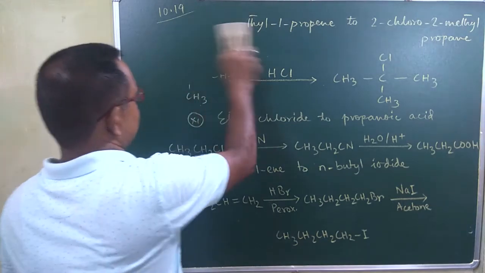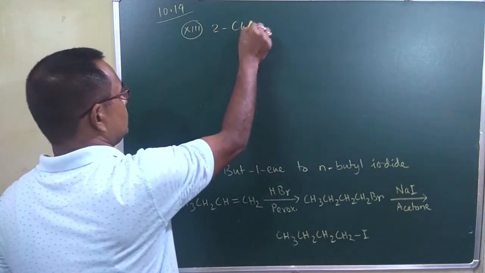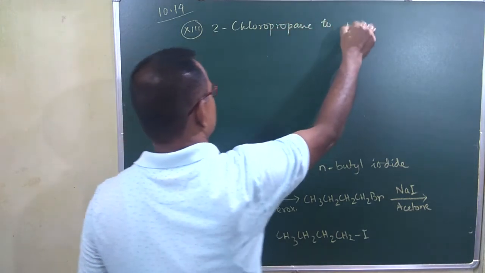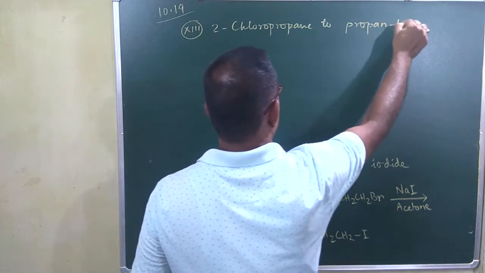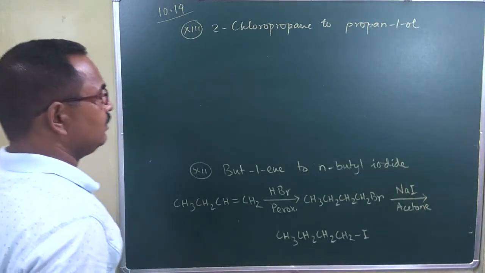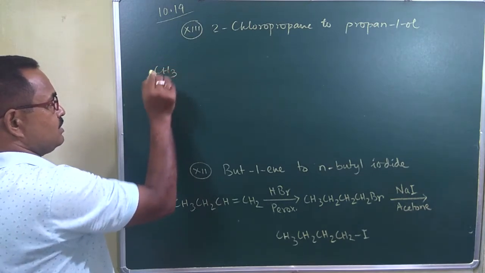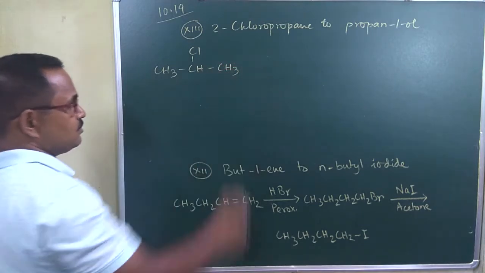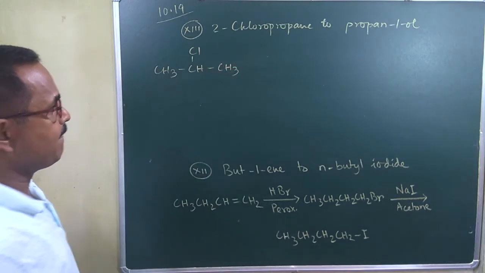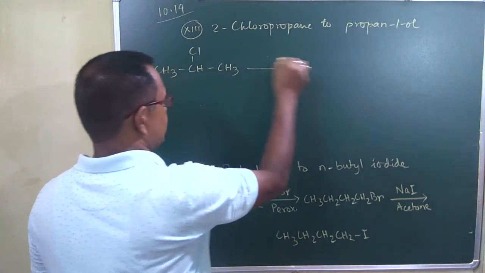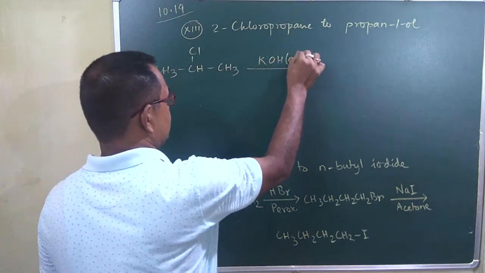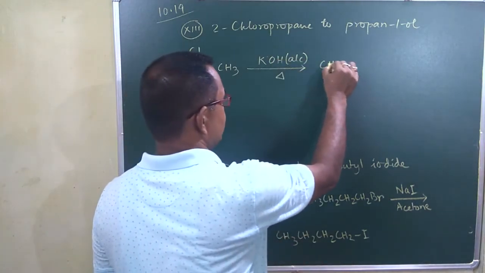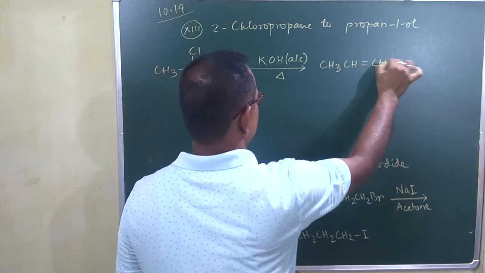Then come to the next. 2-chloropropane to propan-1-ol. See, CH3CHClCH3. This is 2-chloropropane. Carry out dehydrohalogenation. This will give propene, is it not?